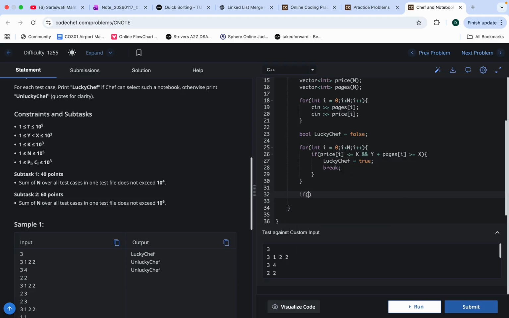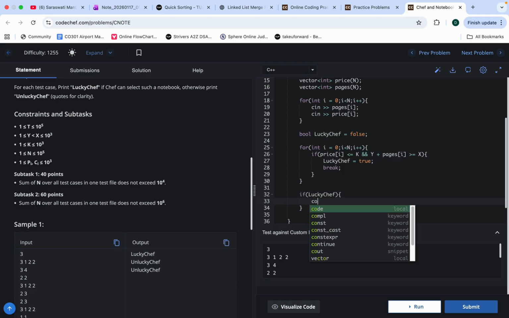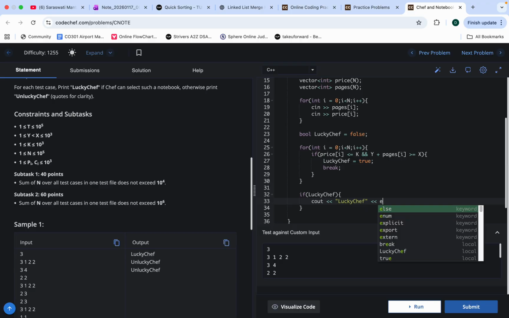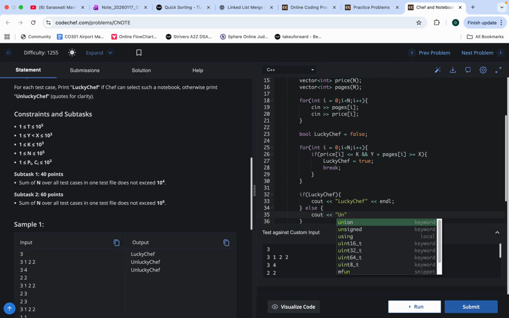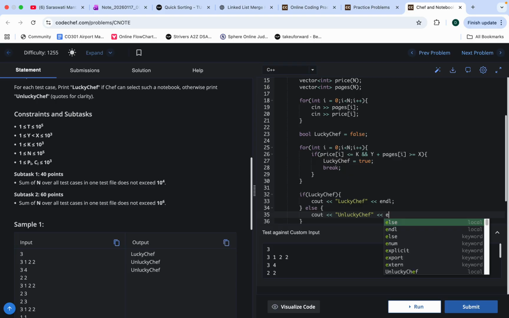And finally, if lucky chef, cout lucky chef, endl, else cout unlucky chef. So that will be our code.